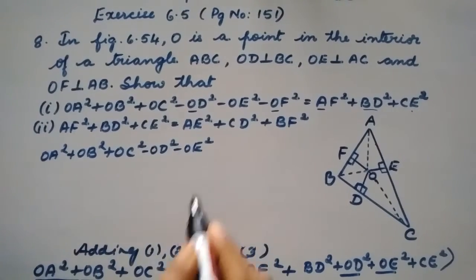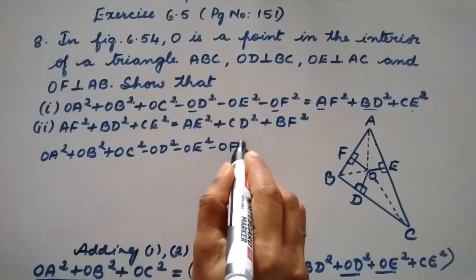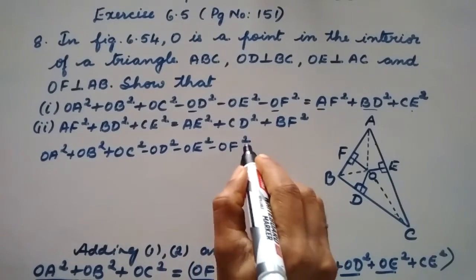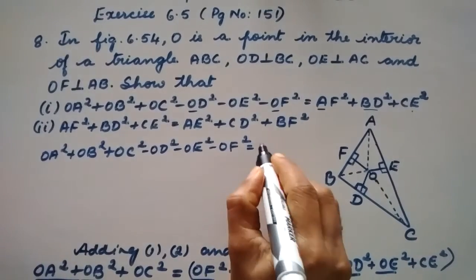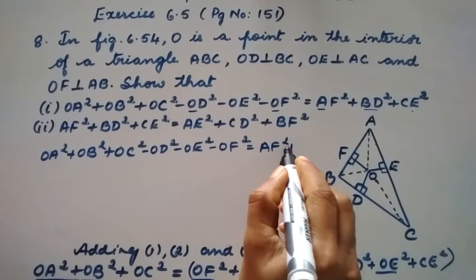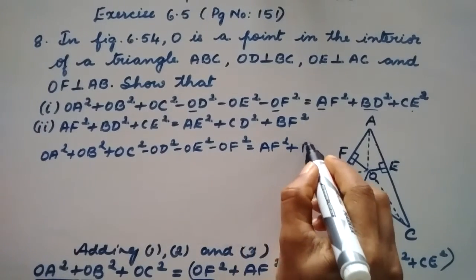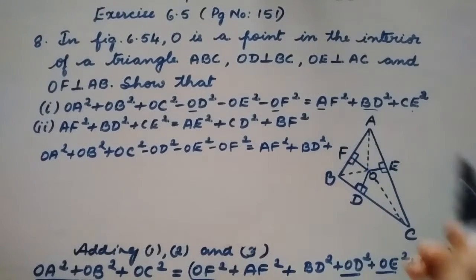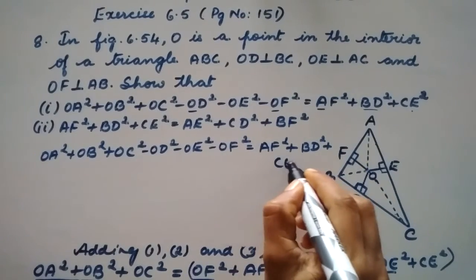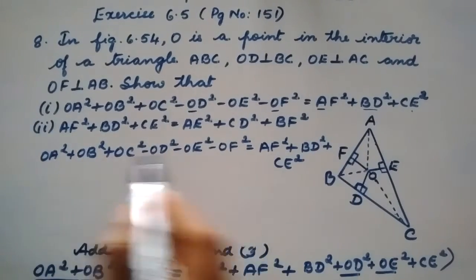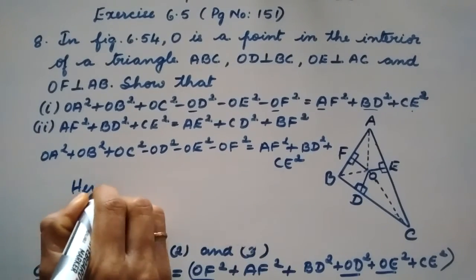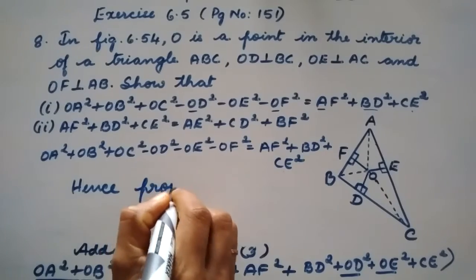When we shift it to left hand side, it becomes minus OF square, which is equal to, so what is remaining on the right hand side? It is AF square plus BD square plus CE square. So we have proved, isn't it? So hence proved.